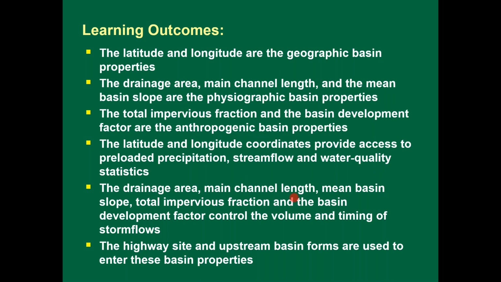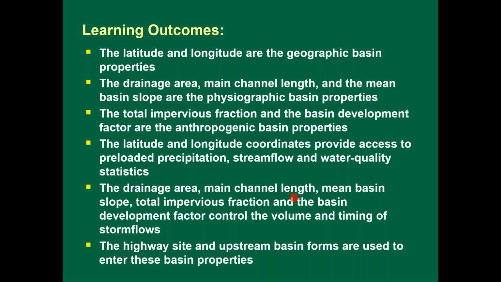The total impervious fraction gives you your runoff coefficients and perhaps the timing of runoff. So the highway site and the upstream basin form are used to enter these basin properties, and they're just these very simple basin properties. They're fairly easy to generate, especially nowadays where we have StreamStats and Google Earth to do these kind of tasks.